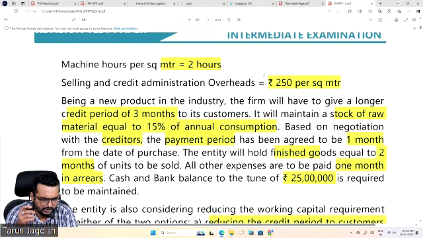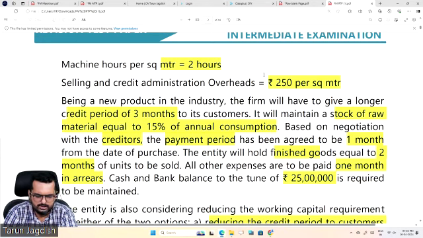Not done. We'll continue reading. Being a new product, the firm will have to give a longer credit period of how many months to its customers? 3 months. So write down the next point. Credit period. Credit period is going to be 3 months. Then they are saying it will maintain a stock of raw material equal to how much percent of annual consumption?